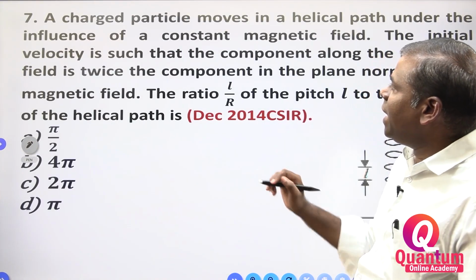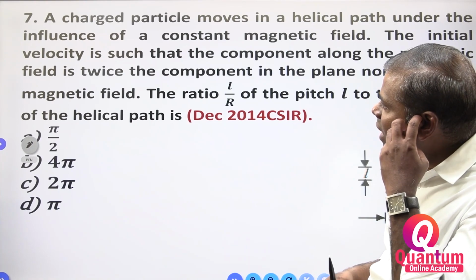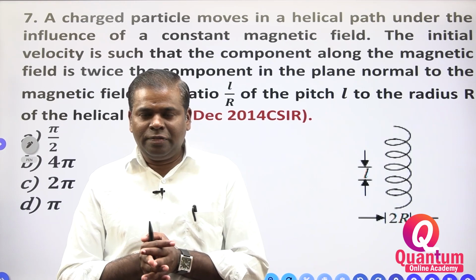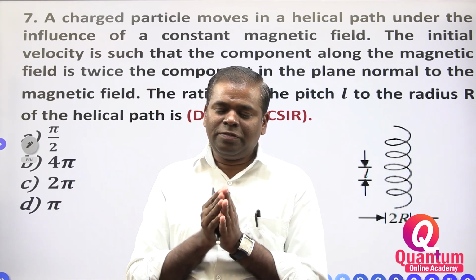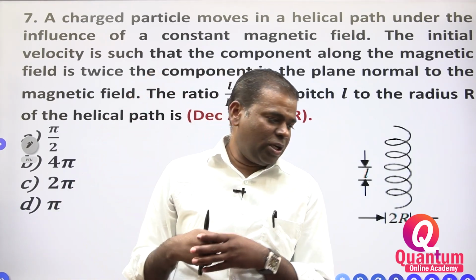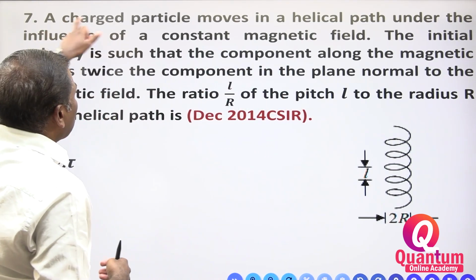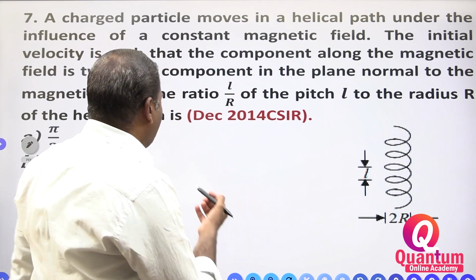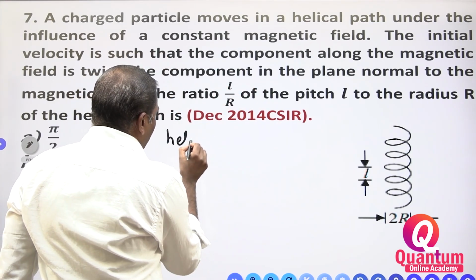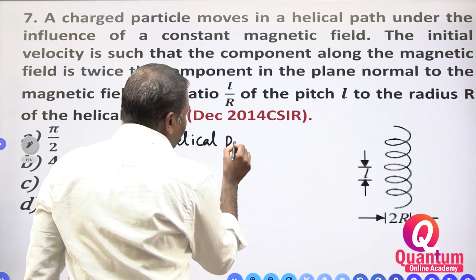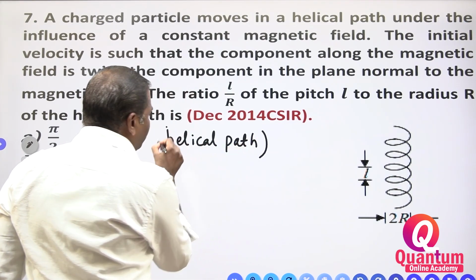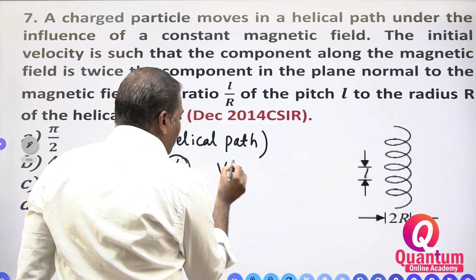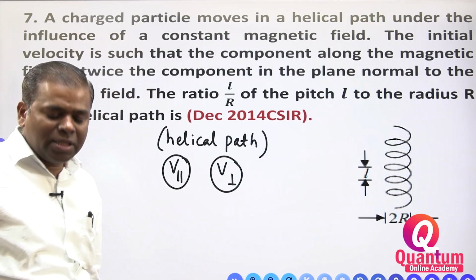Now, you have to see a charged particle. This is the 7th one. A charged particle in static and uniform electromagnetic field. Under this syllabus, I took this question. A charged particle moves in a helical path. Helical path means here two types of velocities are there, parallel velocity and perpendicular velocity.